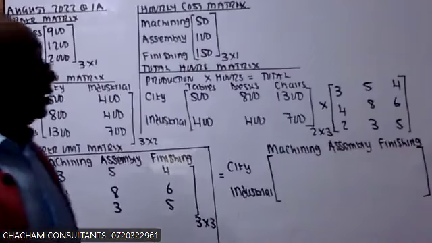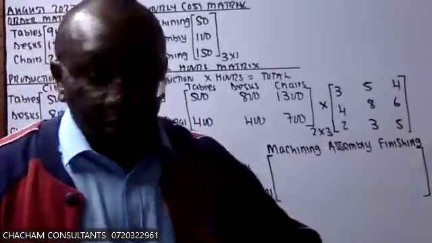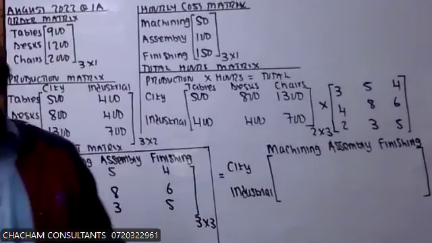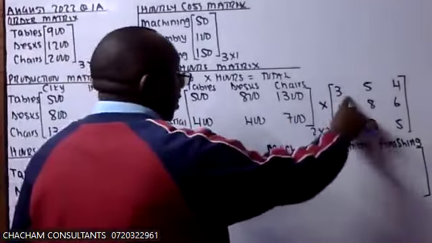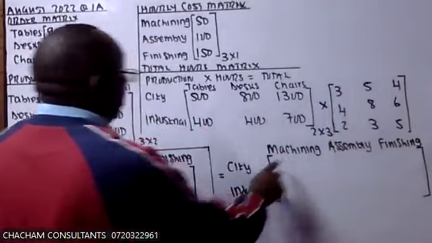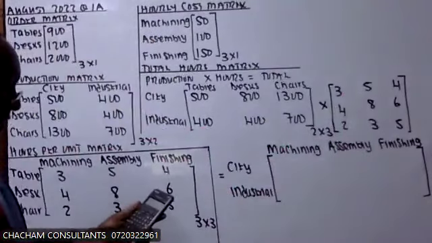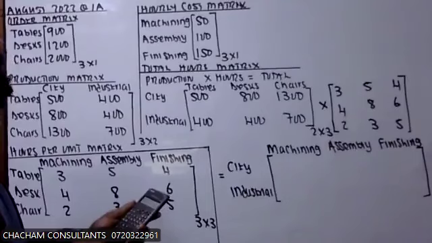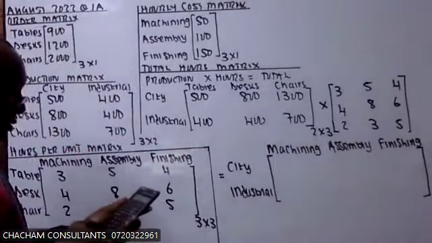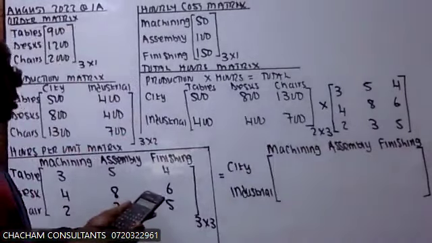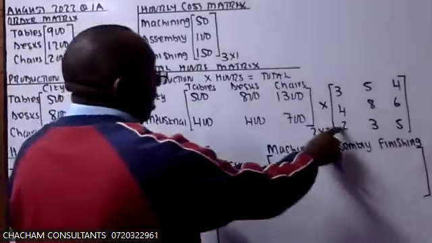So we start to multiply. So we shall just multiply as you have been saying. So you take these, you multiply like this. You get the answer here. So I'll say 500 times 3 plus 800 times 4 plus 1300 times 2.